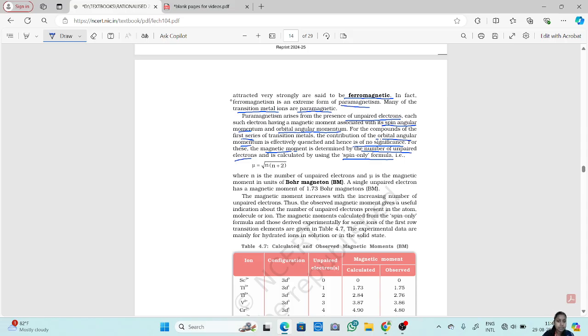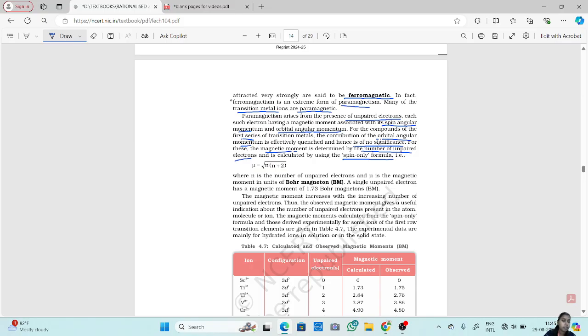So the paramagnetism is basically because of the presence of unpaired electrons. Now how will you calculate the paramagnetism? Since it is not related to the orbital angular momentum, the magnetic moment is determined by the number of unpaired electrons and is calculated using the spin only formula.